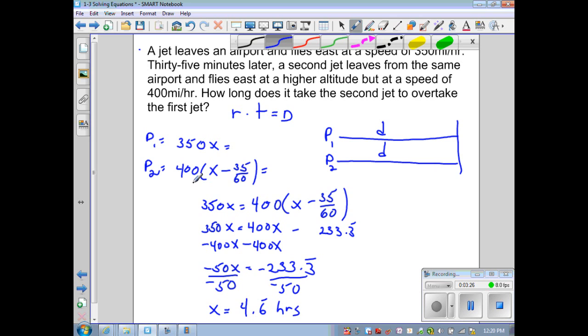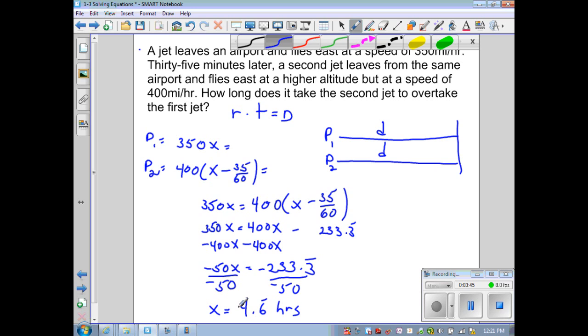But they wanted to know how long it took plane 2 to overtake the first plane. This plane was in the air for 4.6 hours. Plane 2 was in the air for 35 minutes less than that. So I need to subtract 35 minutes from 4.6 hours.